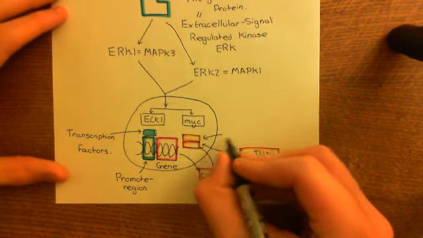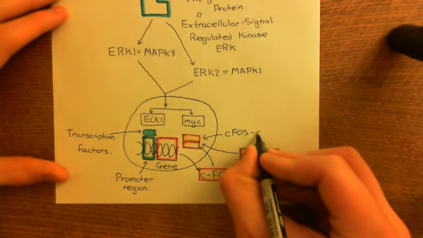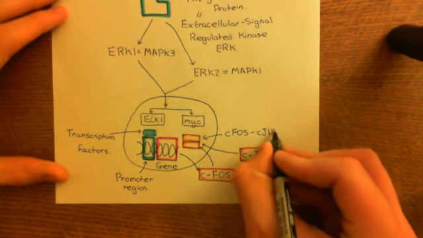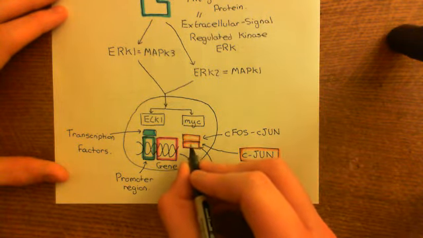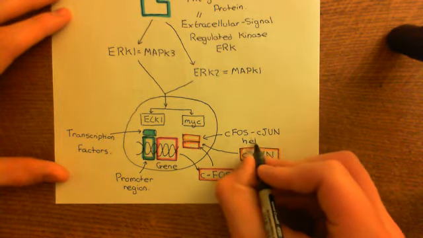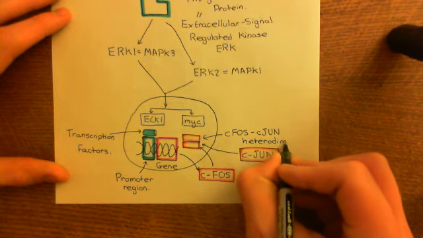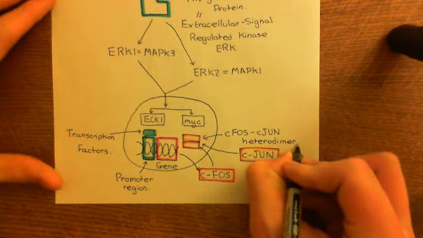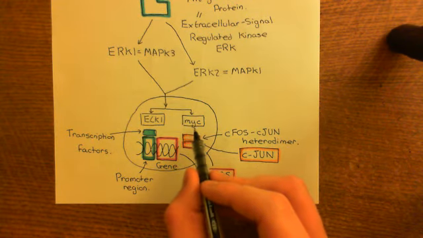So this is a CFOS-CJUN heterodimer. It's a dimer because it's got two constituent proteins making it up. It's a heterodimer because the two constituent proteins are different, basically. Hetero means different.